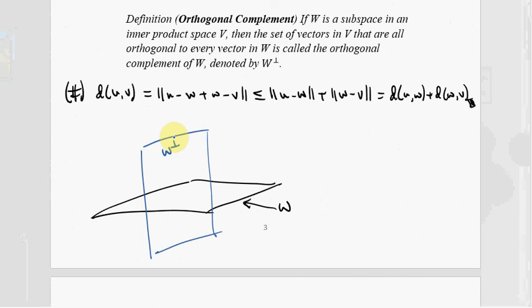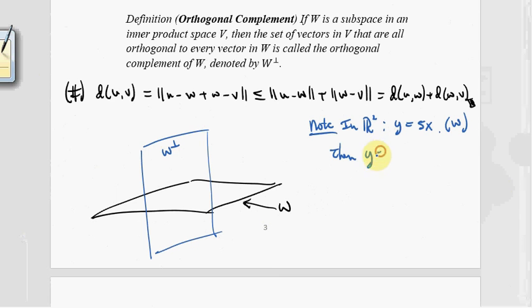For a straight line in R2, it's very easy to get the orthogonal complement. Simply, if I have a straight line in R2, y is equal to 5x, and if this is in W, then y equal to negative 1 over 5x is in W perp.